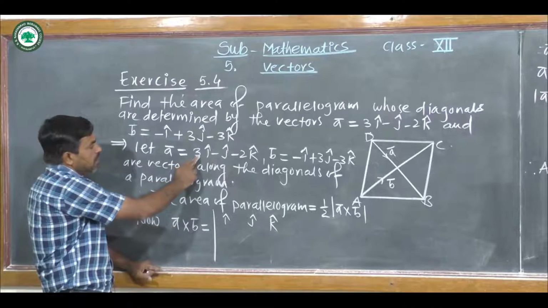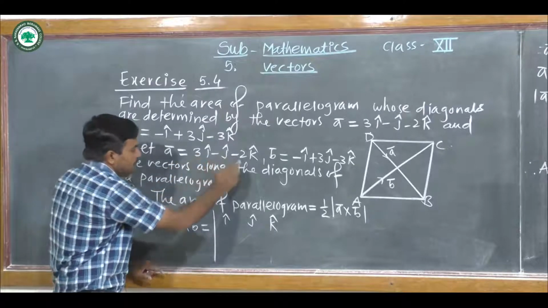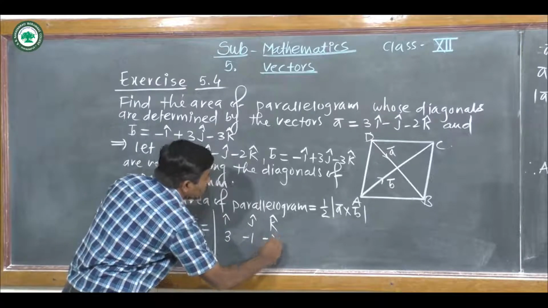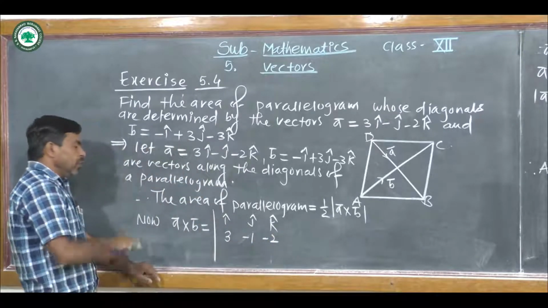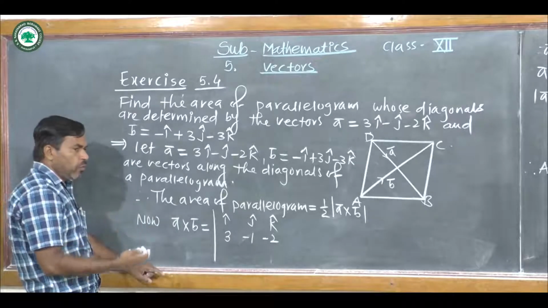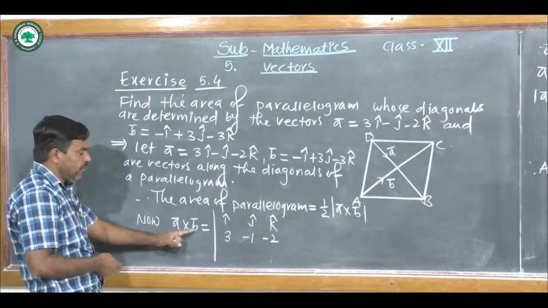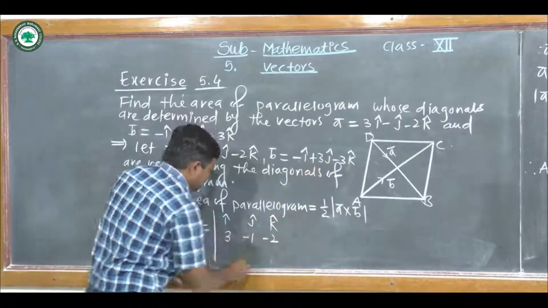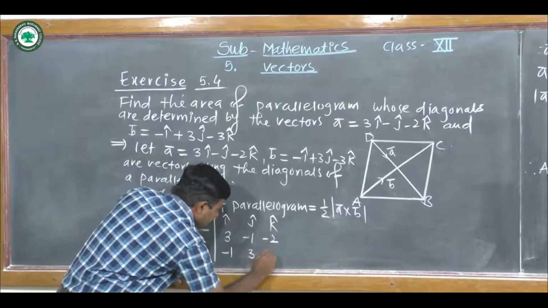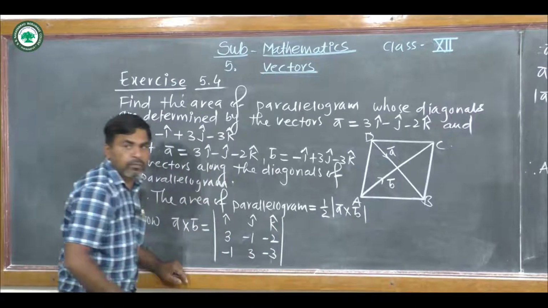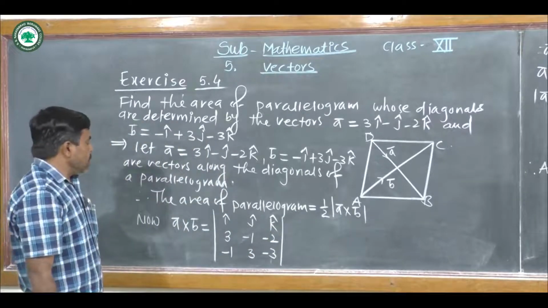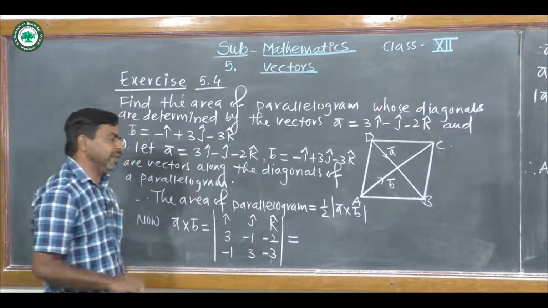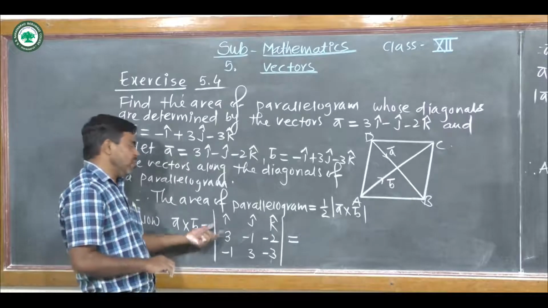The coefficients of i, j, k are 3, minus 1, minus 2. So the second row is 3, minus 1, minus 2. The third row is the coefficients of i, j, k in vector B, and these are minus 1, 3, minus 3. So it is equal to, now this is a 3 by 3 determinant, and we know how to solve it.